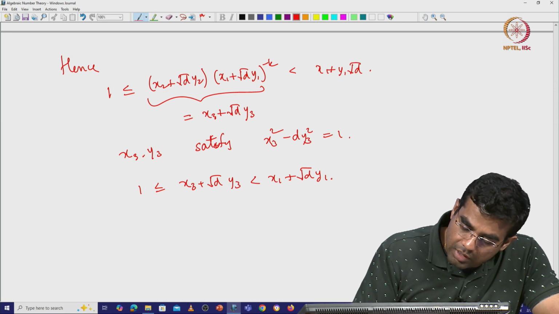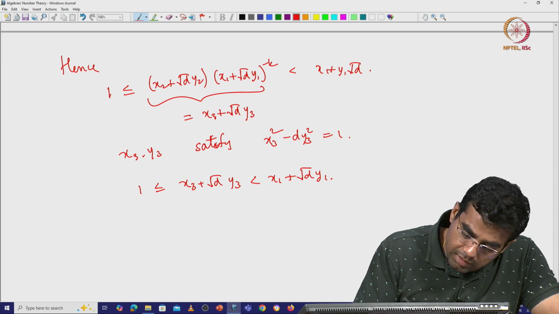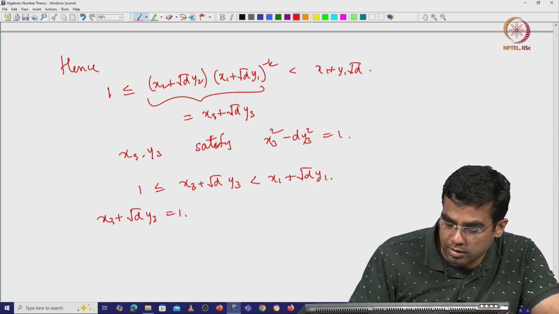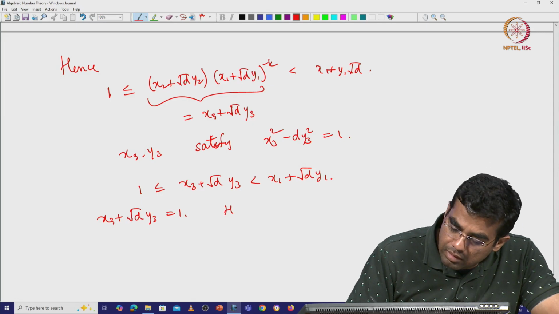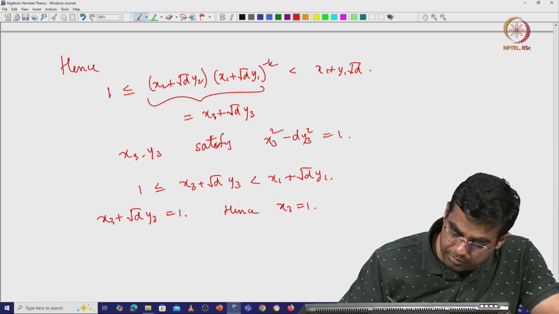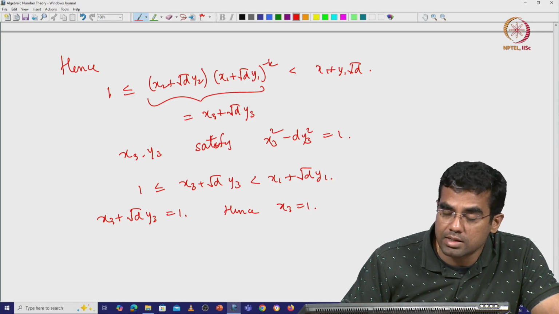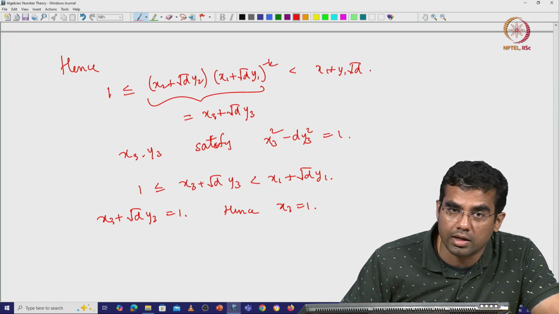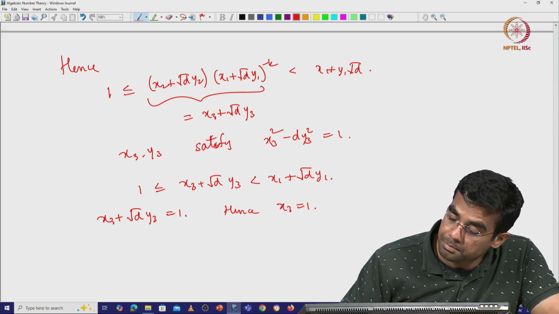Okay. So, now there are two cases to consider. Let us say that x3 plus square root of d y3 is equal to 1, then x3 is equal to 1, because otherwise the left hand side is irrational and the right hand side is rational, right.